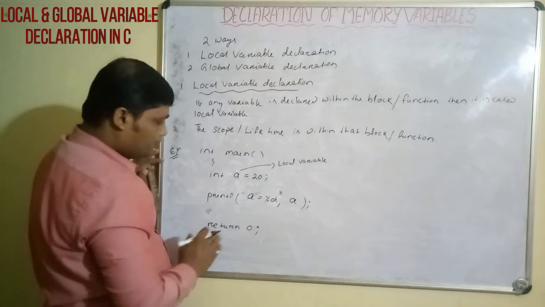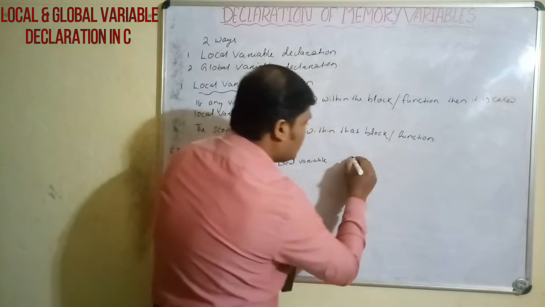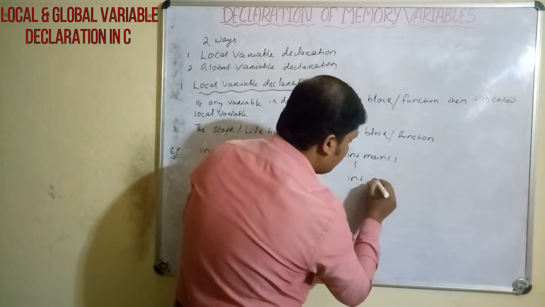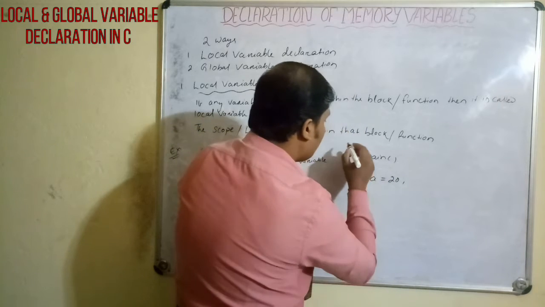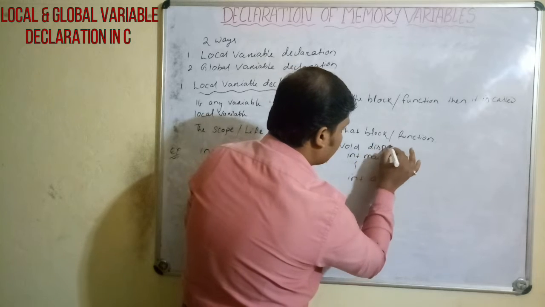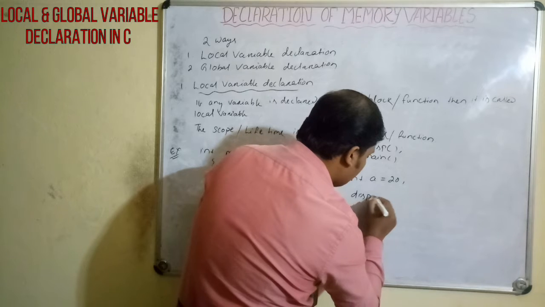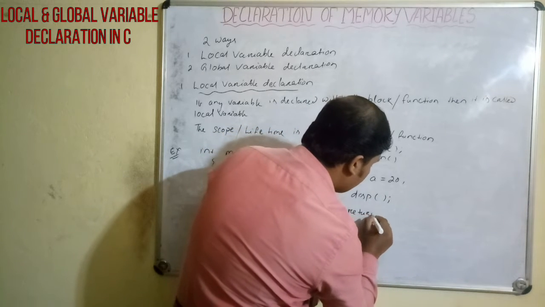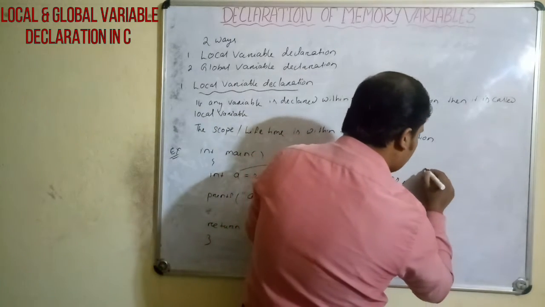Clear? Suppose in this case I am taking integer main. Here I have declared one variable integer a equal to 20, same example I am taking, and I am taking one function void display. Clear? And I am calling display function from main function, and this is return 0, and here I am defining this function outside main.